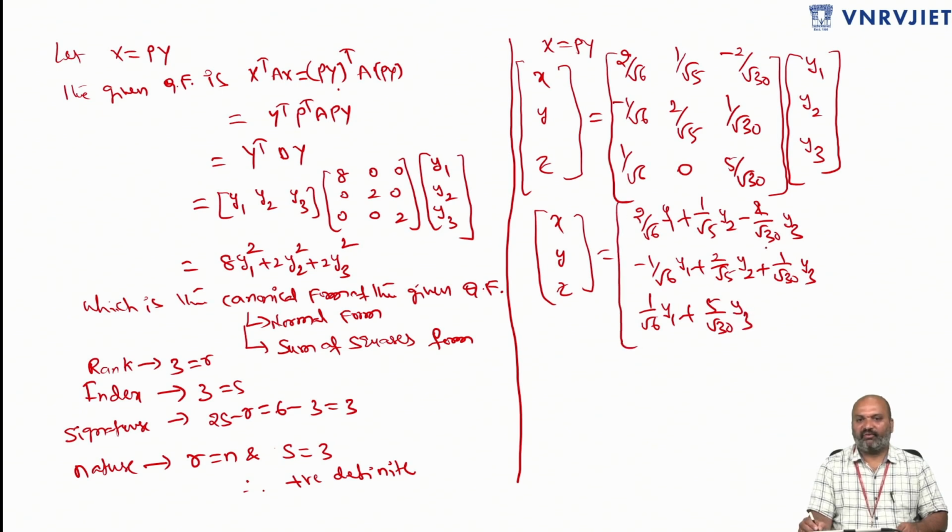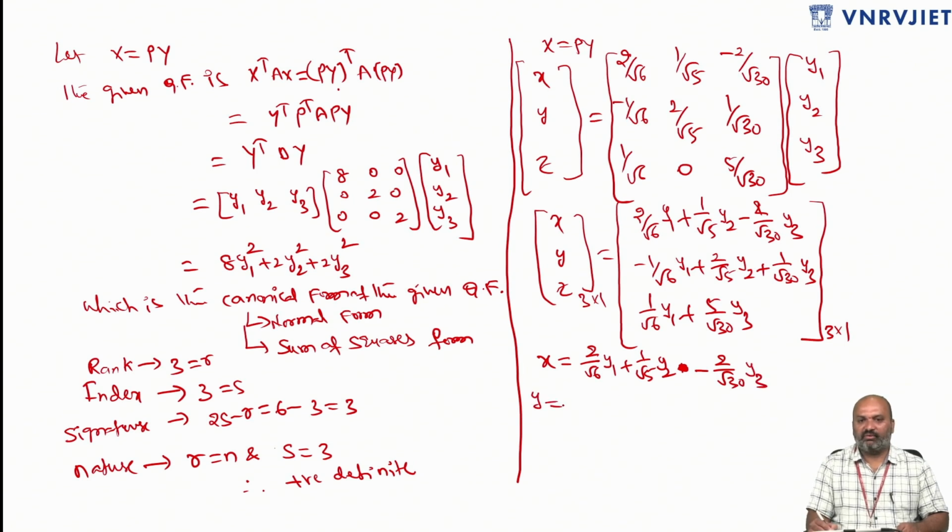Now observe carefully. The left hand side is a matrix of order 3 by 1. Right hand side is a matrix of order also 3 by 1. So equating the corresponding elements, you are going to get the transformation which we used to reduce the given quadratic form to canonical form. So x equals 2 by root over 6 into y1 plus 1 by root over 5 into y2 minus 2 by root over 30 into y3.